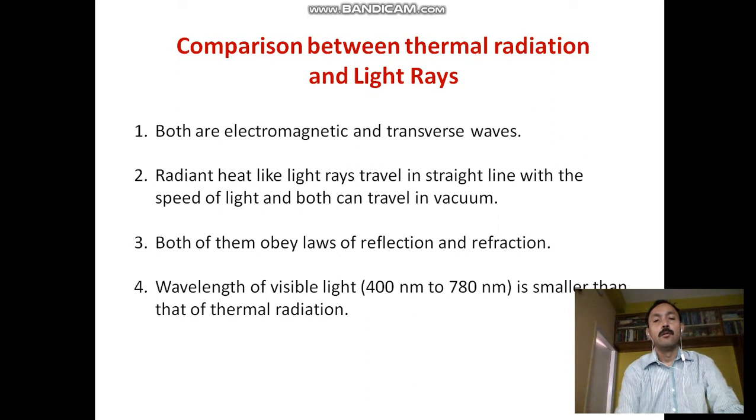Number 3: both of them obey laws of reflection and refraction. Number 4: the wavelength of visible light, which is in the range of 400 nanometer to 800 nanometer, or 4000 angstrom to 7800 angstrom, is smaller than that of thermal radiation.